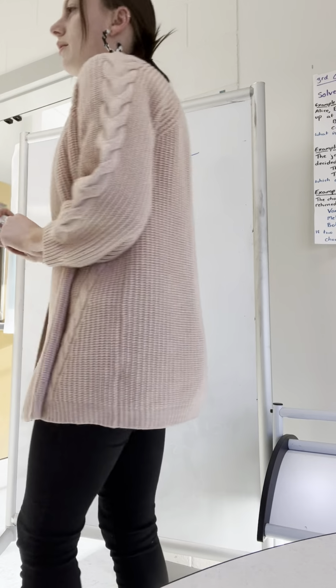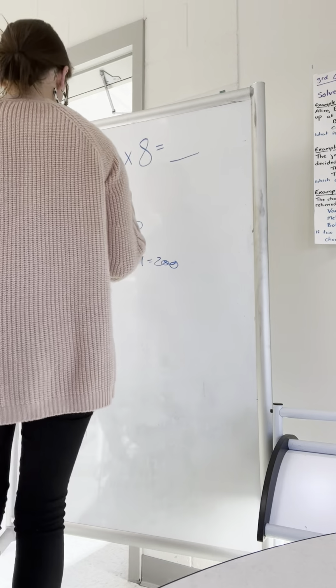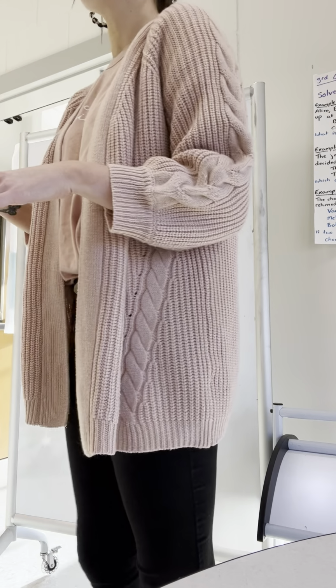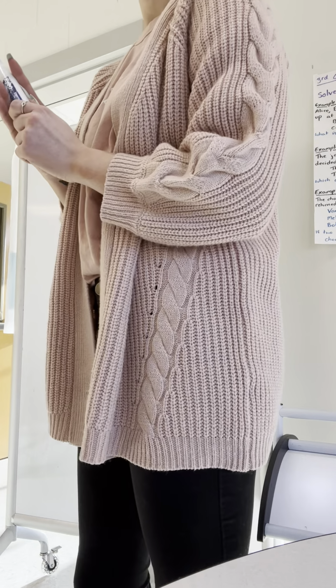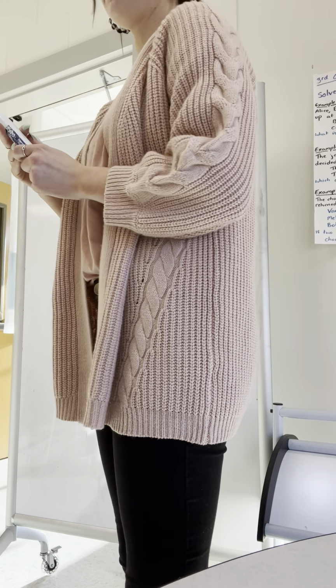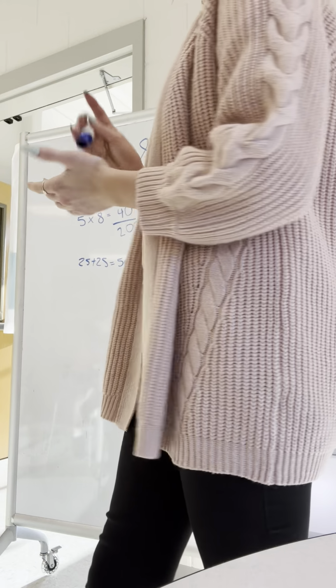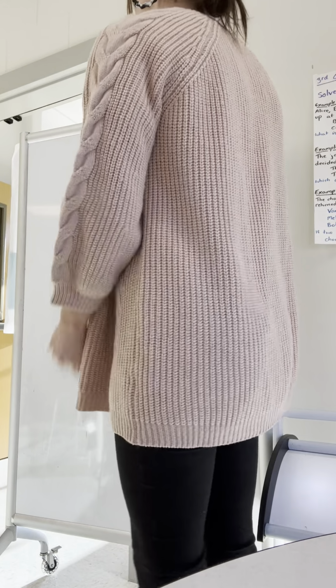We have to work lower on the board. Can everyone see down here? Yes. Okay. Does anyone have a different strategy? Yes, Amen. So we could count by 5, 10, 15, 20, 25, 30. Right. So that's a little bit different, but kind of similar to what Brianna has been talking about.